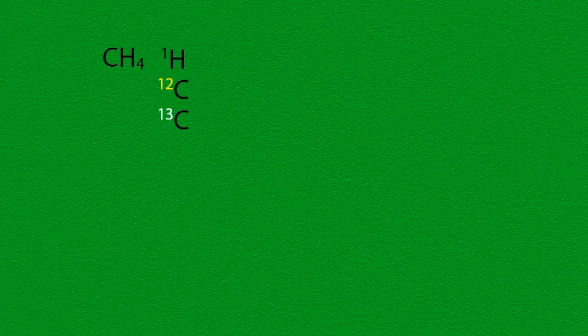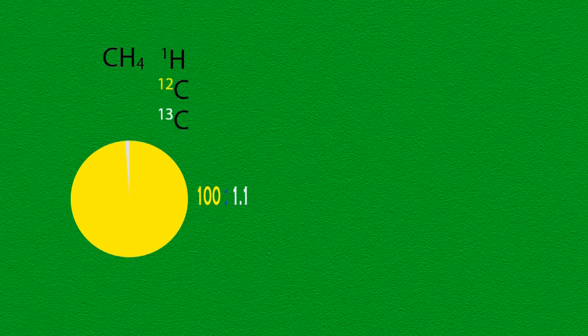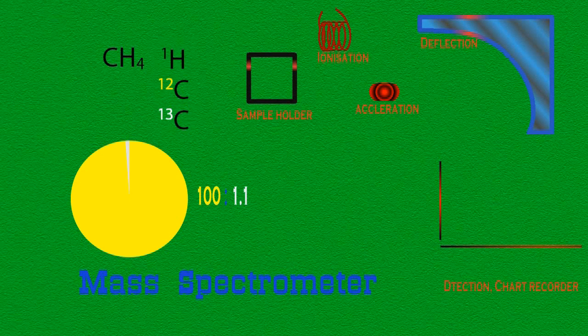Carbon is a mixture of carbon isotope 12 and carbon isotope 13 with the abundance ratio of 100:1.1. When we analyze this sample in the mass spectrometer, the M+ and M+1 peaks must indicate the ratio 100:1.1.